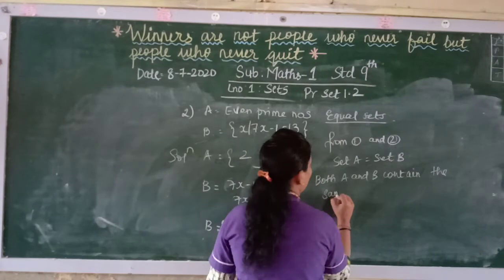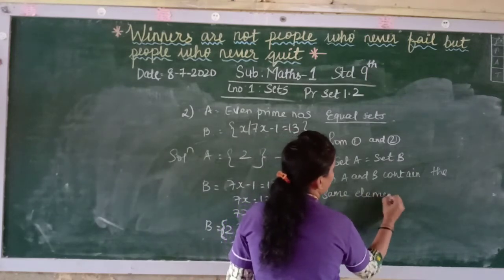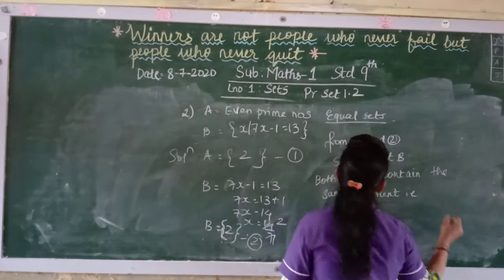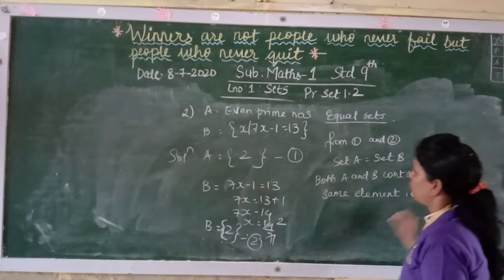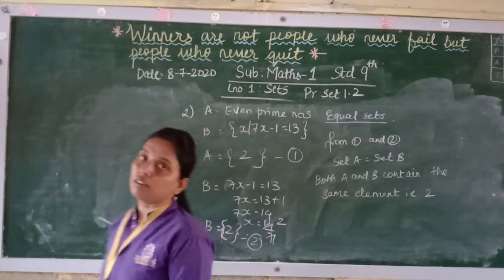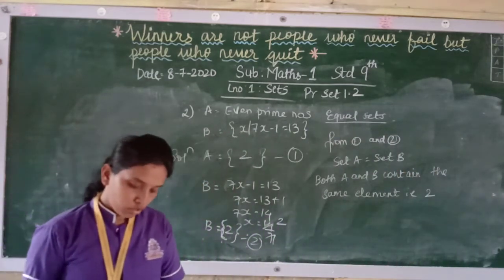Therefore, A and B are equal sets. I hope you have understood the equal sets.